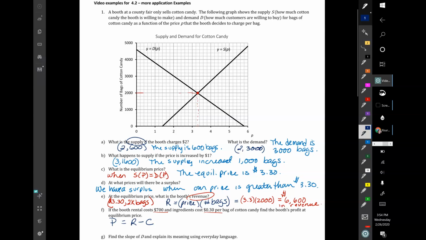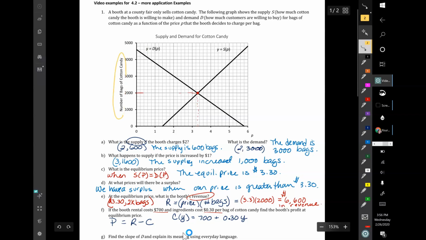So we can make an equation here. We could have this equation here, C of y equals 700 plus 0.30y, which is 0.3y. I'm putting y in there because y over here is the number of bags of cotton candy, and that's what we're referencing. So kind of we're rolling that into the cost function.